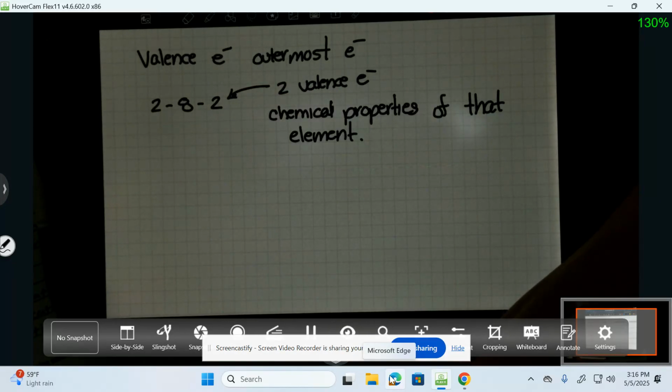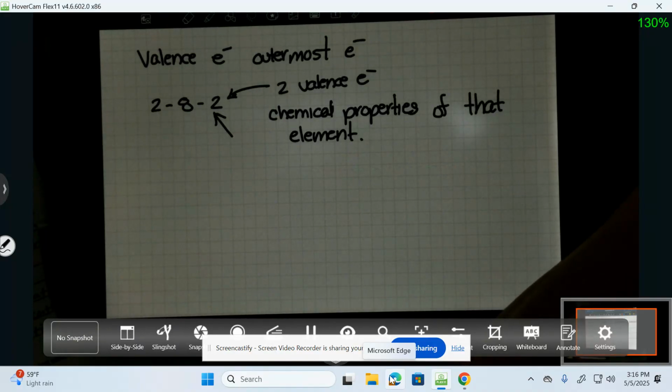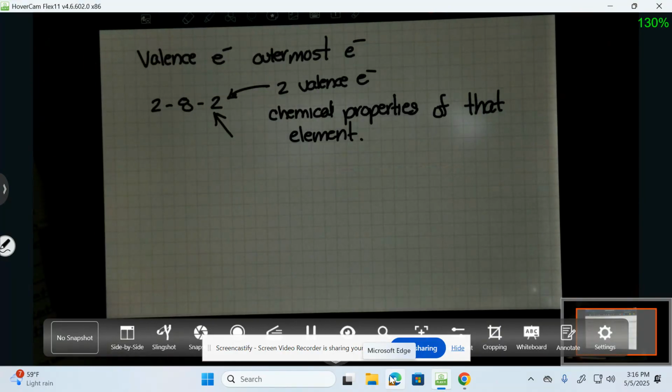So all of the elements that have 2 valence electrons share similar chemical properties, and they're going to be in the column based on that. So in this case, because it has 2 valence electrons, it's going to be in column number 2, which is group 2 on your periodic table, also known as the alkaline earth metals.